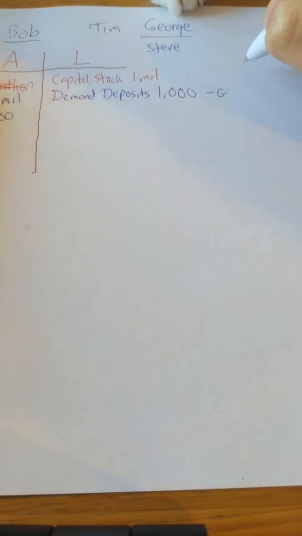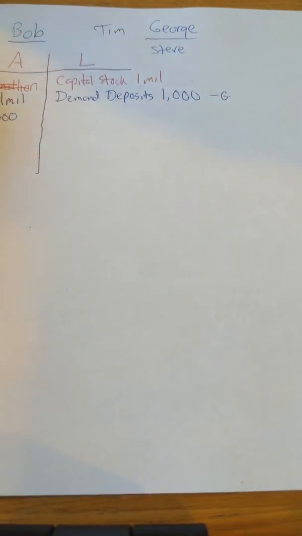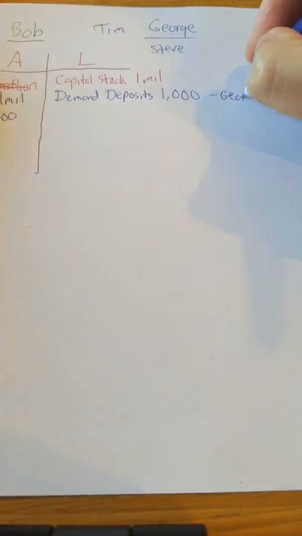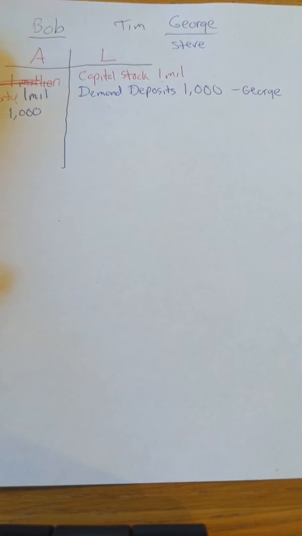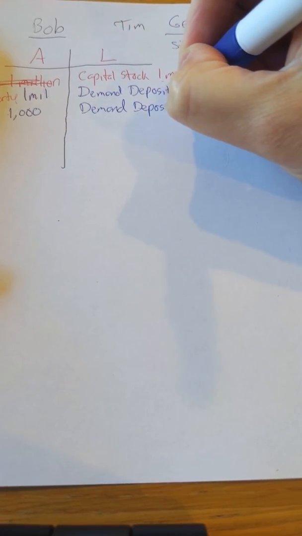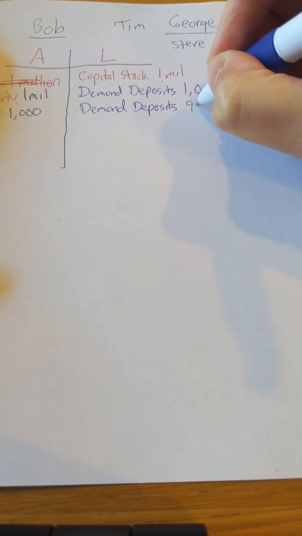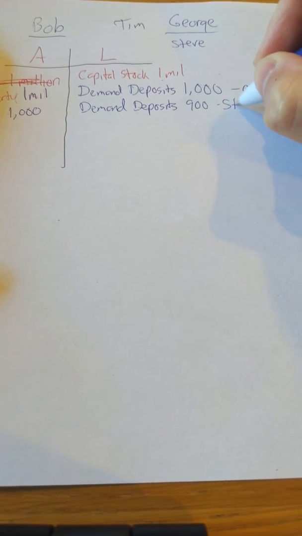So this is George's money. Now we have $1,000 in demand deposits for George, and we're now going to have demand deposits in the amount of $900 for Steve.